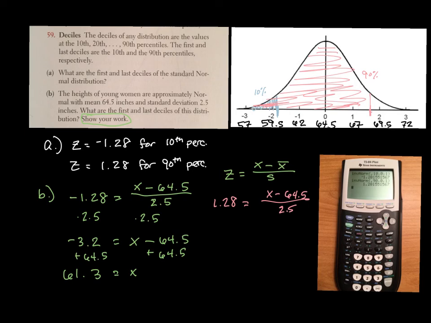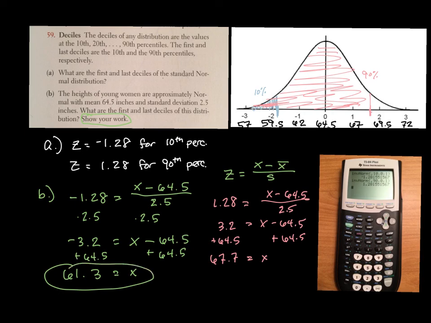So 1.28 times 2.5 should give us a positive 3.2. So now the only difference is instead of subtracting 3.2, I'm now going to add it. Plus 64.5. So 64.5 plus 3.2 gives us 67.7. So my 10th percentile is this 61.3, and my 90th percentile is this 67.7.